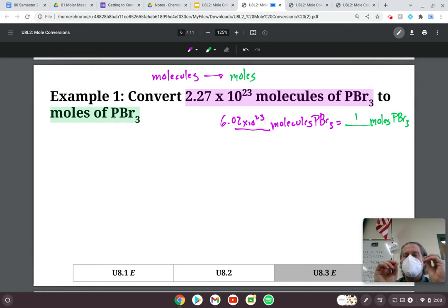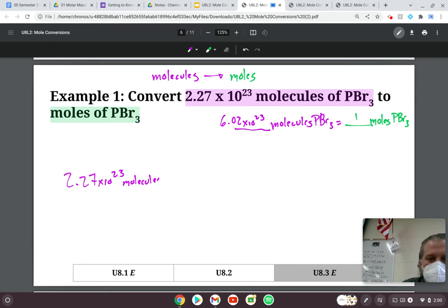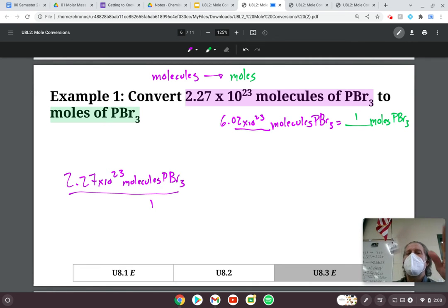So now that I have my conversion factor set up, I'm going to take my given, which in this case is going to be 2.27 times 10 to the 23rd molecules of PBr3 over 1. And because I'm going molecules to moles, that tells me it's going to be a one-step problem. And I need to set this problem up so that my units cancel out.